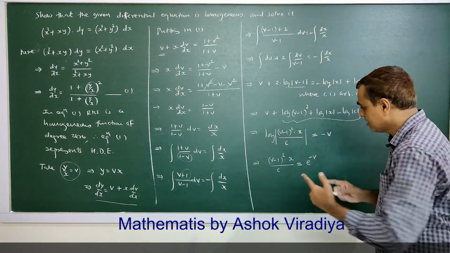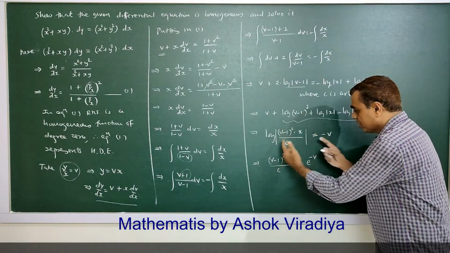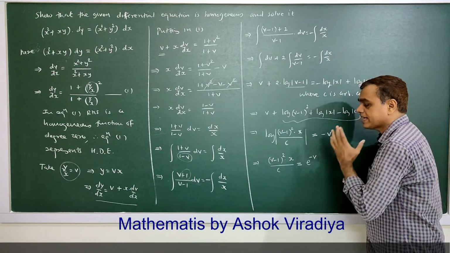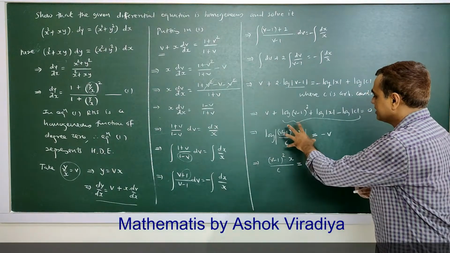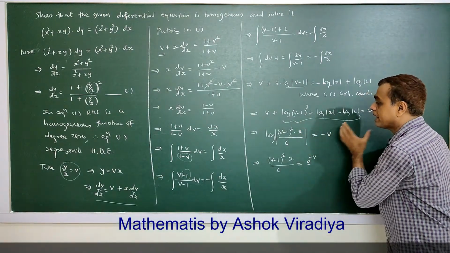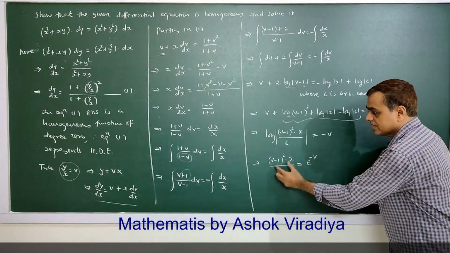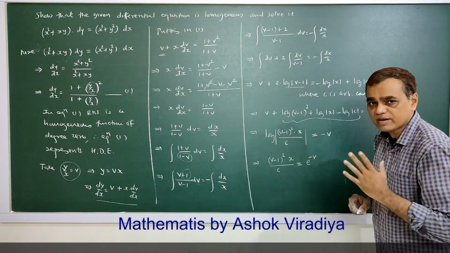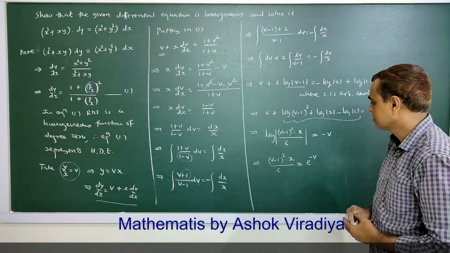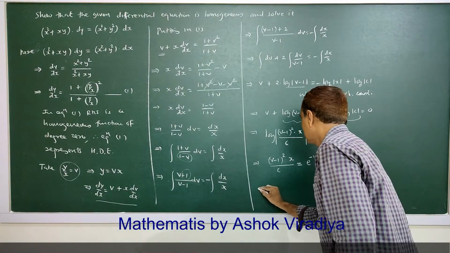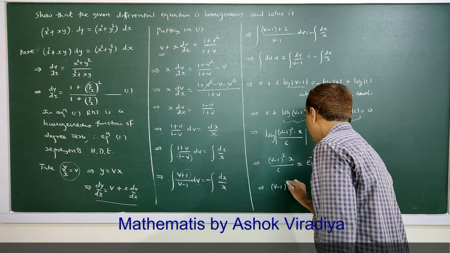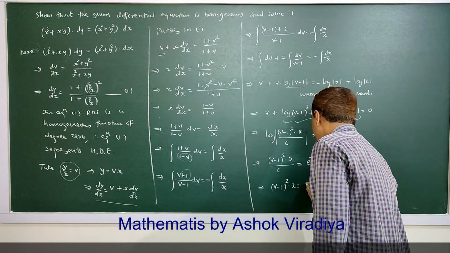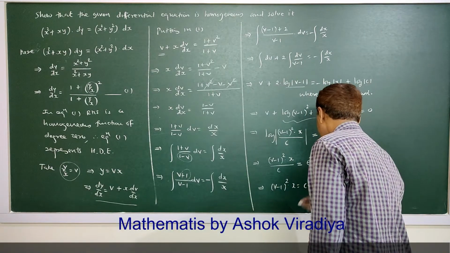In this method, when removing the modulus, we don't keep plus minus. So this is equal to e raised to minus v. Because of c, here we neglect plus minus. So that is, now (v minus 1) whole square into x is c into e raised to minus v.